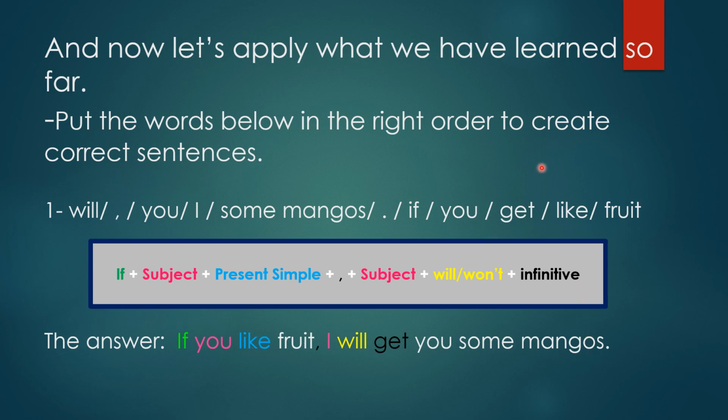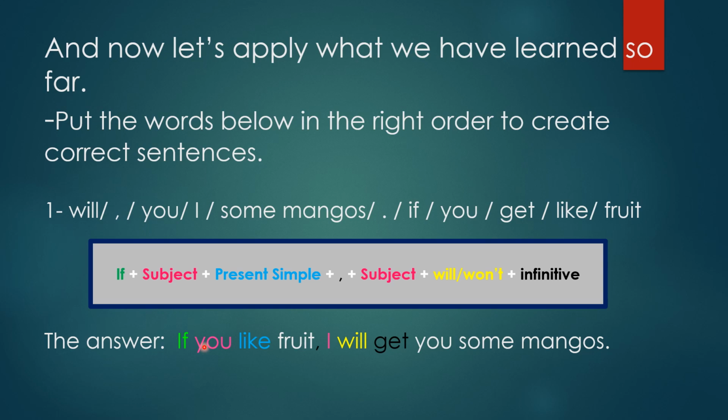So we use if for a condition and a result. If you want a result, you need a condition, and if you have a condition, you need a result. So if you like fruit, in case you like fruit. I'm not sure if you like fruit or not, but if you like it, I will get you some.